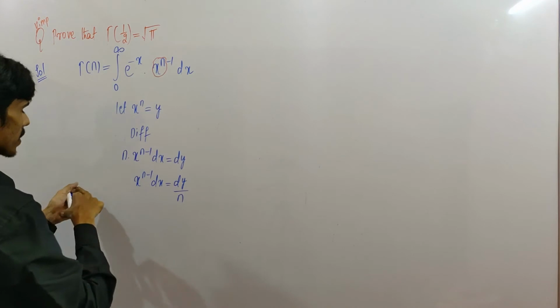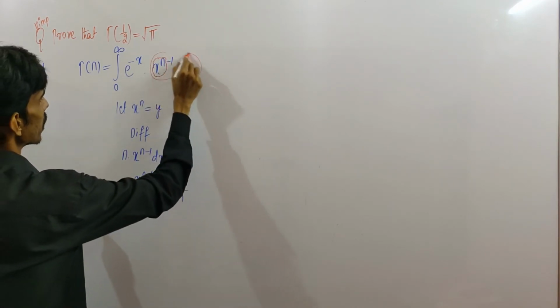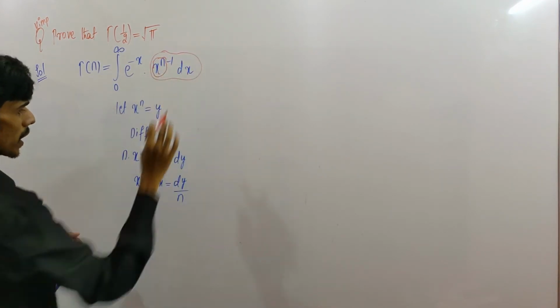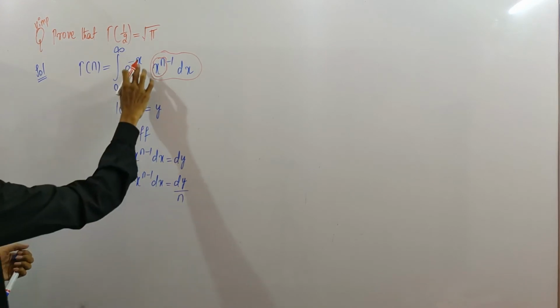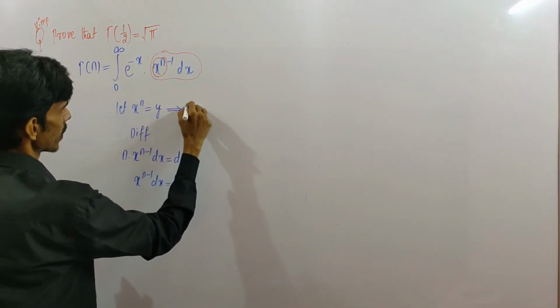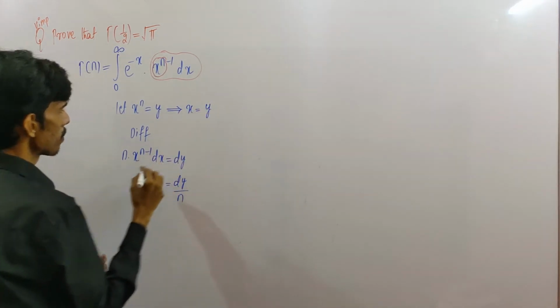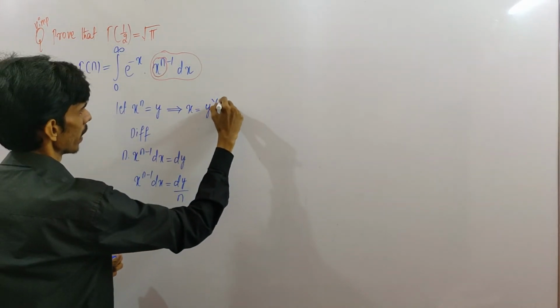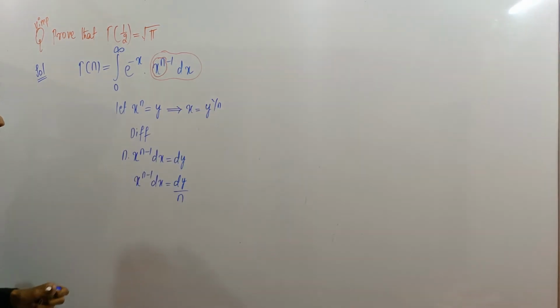Hence we can replace this complete term. Here we have x, so we want the value of x. That implies x value will be y power of 1 by n.